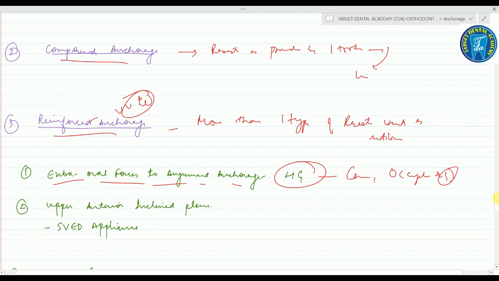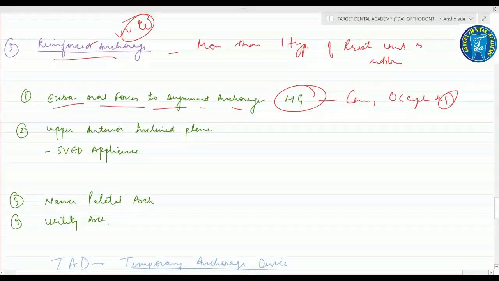And the second most important, commonly asked MCQ, is the upper anterior inclined plane. See, this is your maxillary central incisor. Fine. So in this there is an inclined plane, which is used mostly in the upper arch.